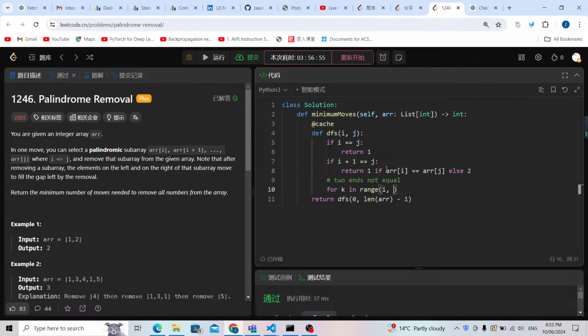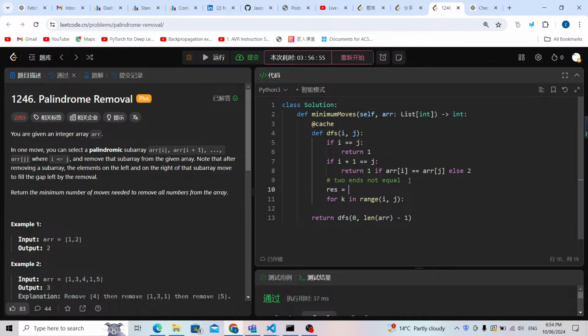And for this k, it goes up to j, because we're going to split it into 2 parts. The other part should at least have 1 character. So it's going to be in the range from i to j. Now we're going to split it into two parts. We're going to need to record the minimum value.